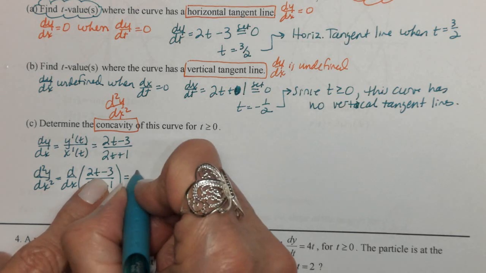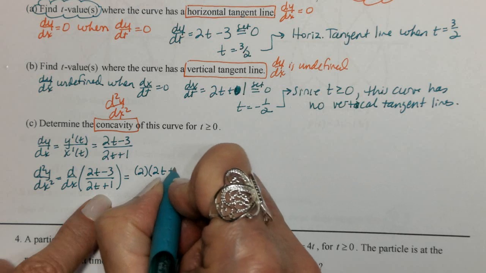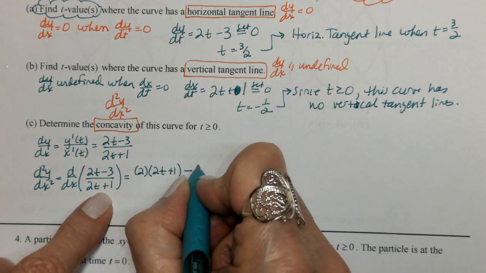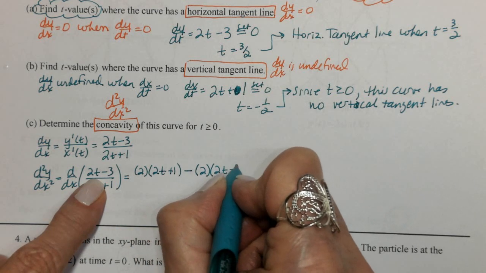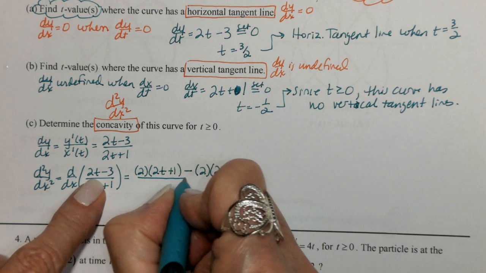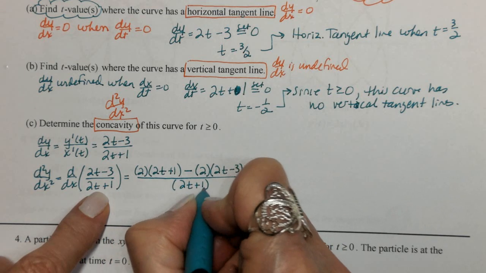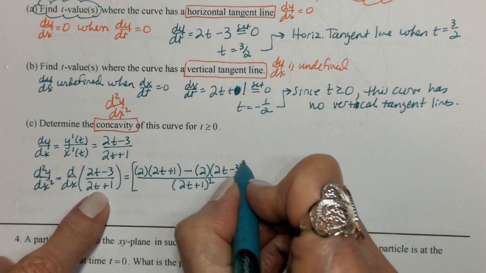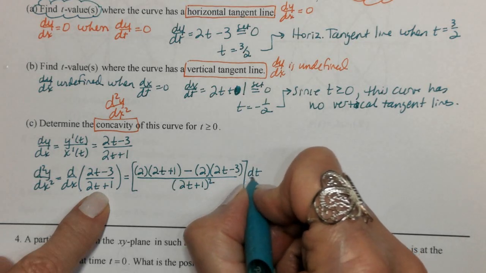The derivative of the top is 2, multiplied by the bottom left alone, minus, for the quotient rule, the derivative of the bottom is 2, multiplied by the top left alone, all divided by the bottom left alone, but squared. And all of that we multiply by dt/dx.